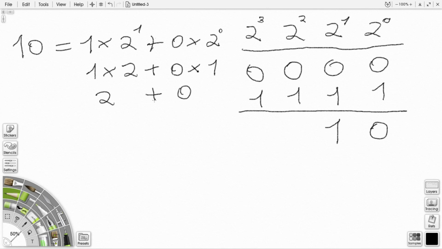So in actual fact, 10 in binary represents the number 2 in decimal. So 10 is 2. We can say, oh, we have two apples here. I'm going to eat two apples. So I'm going to eat 10 apples.